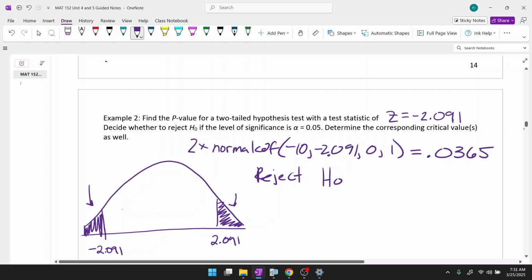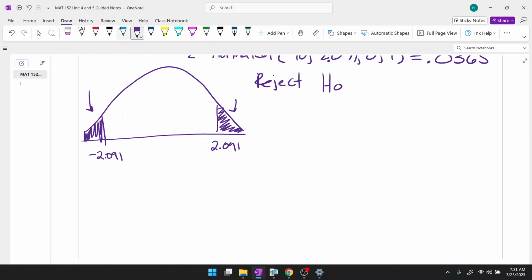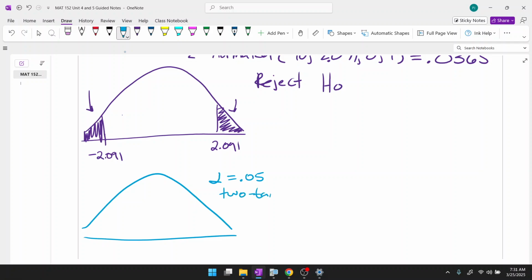One thing we'll do here also is the critical value test. The reason we do the critical value test, it's kind of a throwback to ask your parents or grandparents that took statistics. Now, you want to look for alpha equal to 0.05, and you want it to be two-tailed.